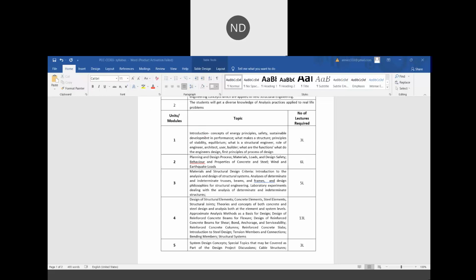And on their further studies, they can also do research of the structural components and the structural systems to achieve the design goals.